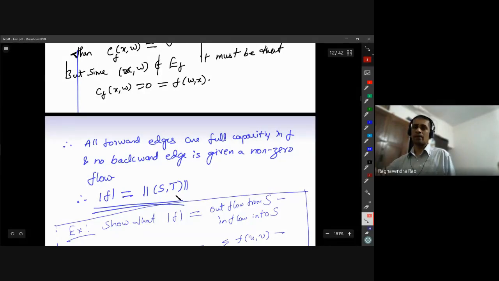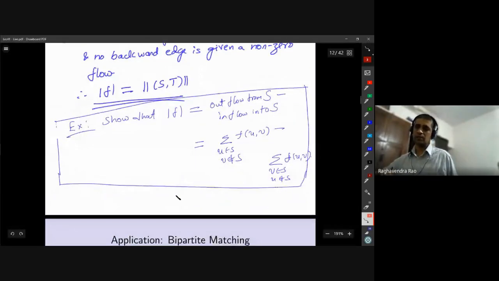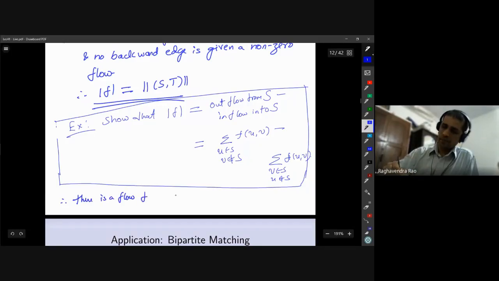Or in other words, what does it mean? There is a flow whose value is equal to the capacity of the cut. Therefore, there is a flow f hat such that the value of f hat equals the capacity of the cut.